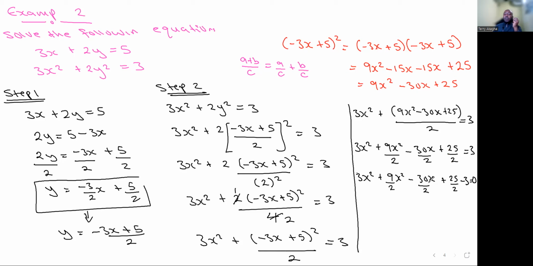Now 3x squared plus 9 over 2x squared will give you 15 over 2x squared. And then 30 divided by 2 will give you 15x. 25 over 2 minus 3 over 2 is going to give you 19 over 2 is equal to 0. To get rid of this 2, I'm going to multiply both of them by what? 2. I will multiply everything by 2.